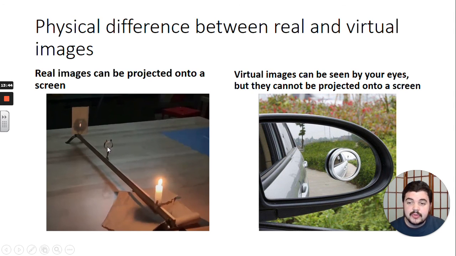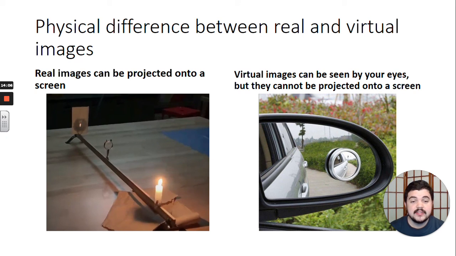Some of them pass through this lens. This is a converging lens, which we'll learn about later. But we can see that on this index card over here is an image of the candle. We've projected an image of the candle onto a screen. That's because the image is real. There is an actual convergence of light rays.